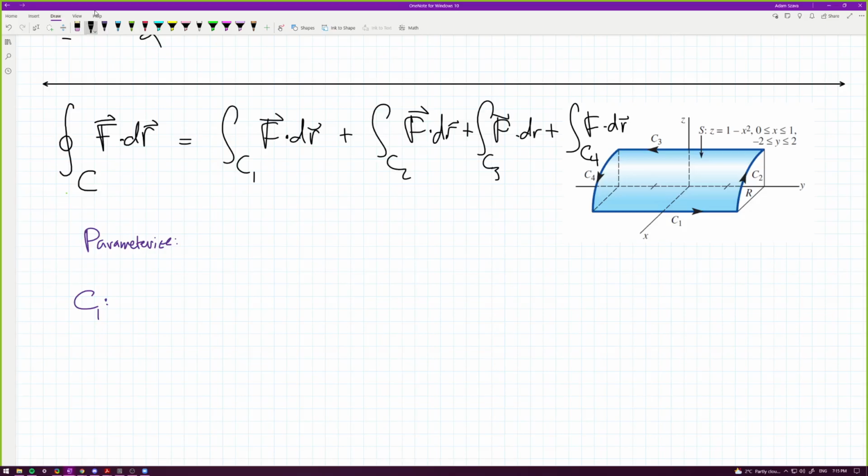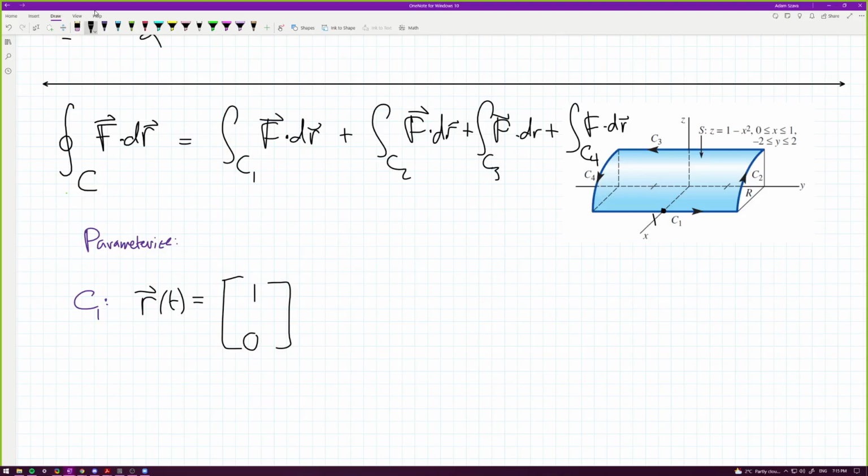C1 is a straight line, which is at x equals 1. So to parameterize this, certainly my x value is always 1. My z value is always 0, because z is how high up I'm going.